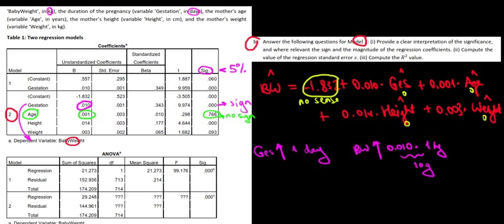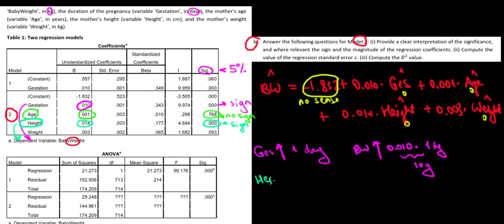Let's have a look at height. That's going to be our next variable, our next effect. The effect of height on birth weight, 0.014. Again, the probability of this happening by chance is 0, so it most likely did not happen by chance, meaning it is a significant effect of height on the baby weight. What does that mean?